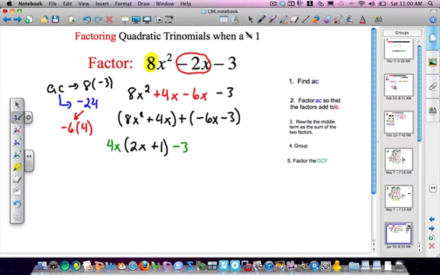Factoring that from the expression yields 2x plus 1. Now we know that two linear binomials will give us a quadratic trinomial. So we set up our first factor, which will contain the terms 4x and negative 3. And the second factor, which we know to be 2x plus 1.